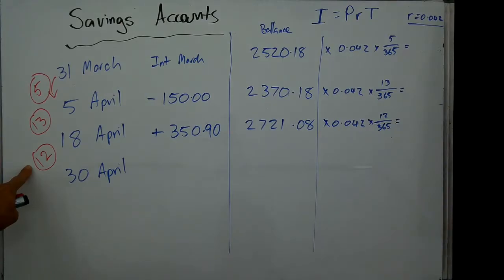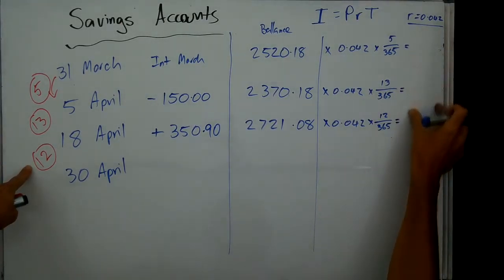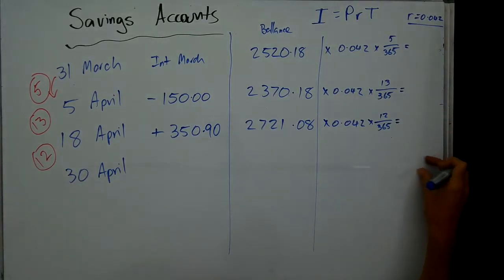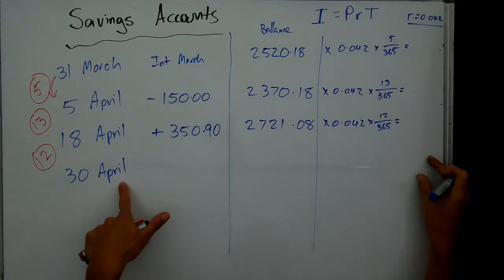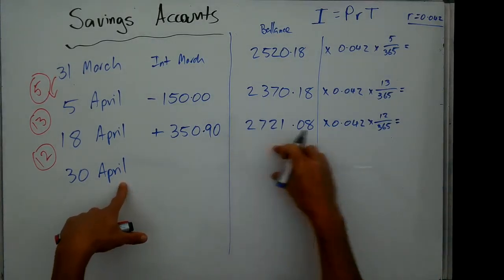So 3 separate calculations, and we're going to add those up, and that will be the total interest added on the 30th of April, and then we can work out the final balance.